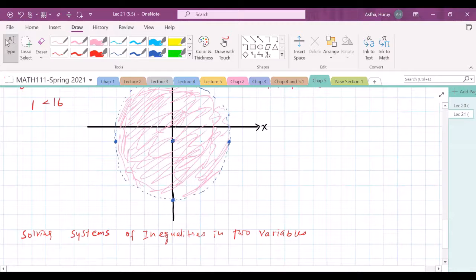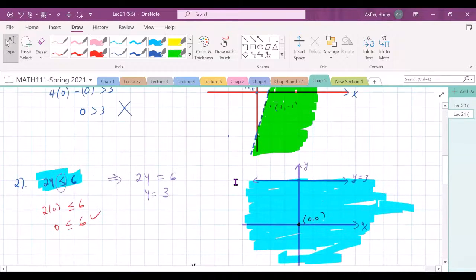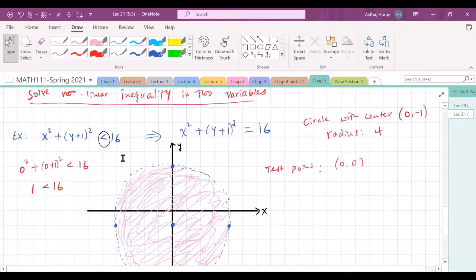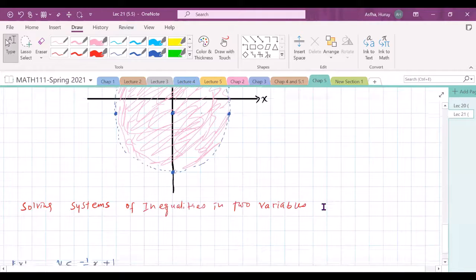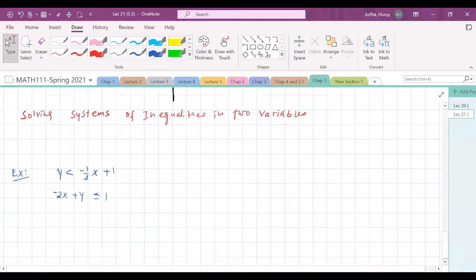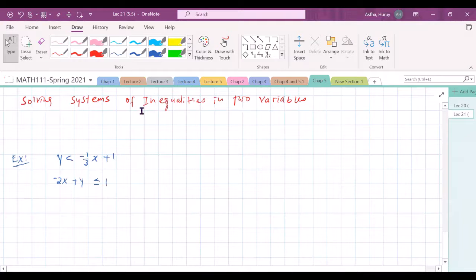And now we go to solving system of inequalities in two variables. Okay, we started with one inequality in two variables, and then we saw an example of how to solve a nonlinear inequality. And then now we look at solving a system of inequalities in two variables. And basically, when we say system, it means a group of, okay?